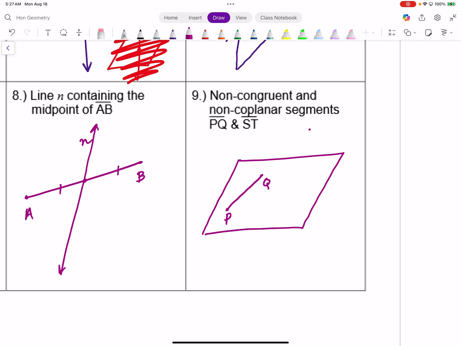The only way you can show it not being in that plane is with a dotted line. So say there's segment ST, and then I want to show that this is definitely not the same length as that.